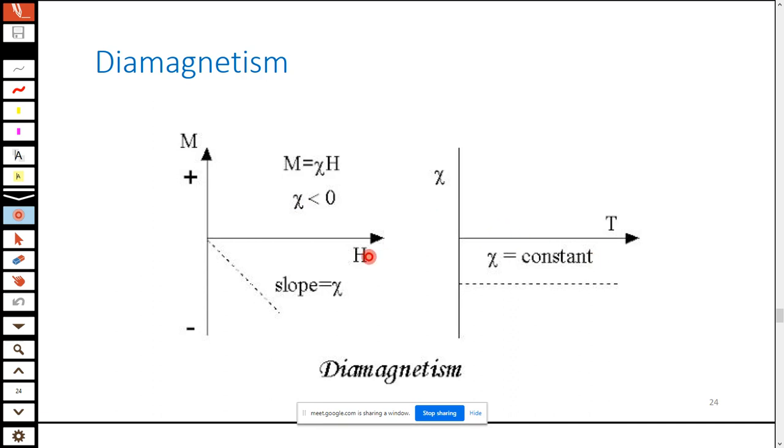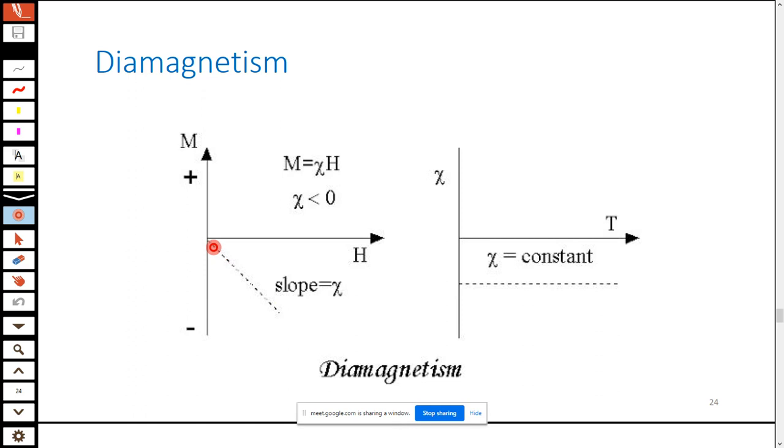These are the typical experimental measurements normally done to know whether a material is diamagnetic, paramagnetic or ferromagnetic. If you measure an unknown substance and measure the magnetization versus field, for a diamagnetic material you will have a negative slope, right?